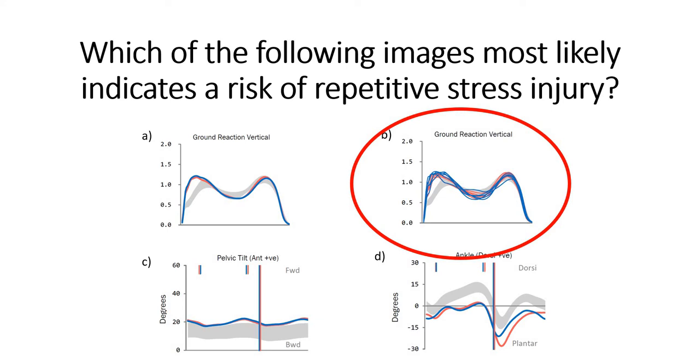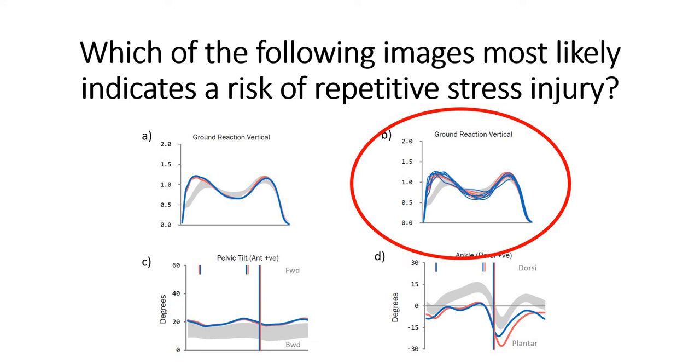A would also be indicative, so C and D have nothing to do with repetitive stress injuries based solely on the information that we have here, so we can rule those out straight away. The area of interest on A and B would be this increased vertical ground reaction force during the first active peak.